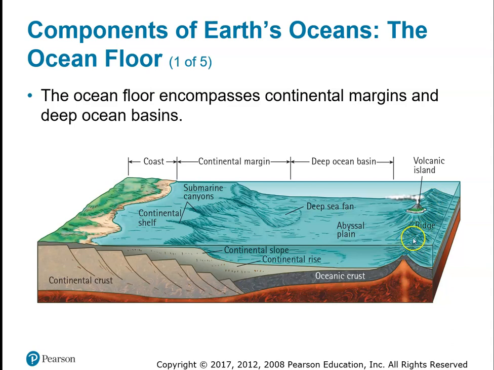For example, the ones in the Pacific are sometimes a lot closer to the continents than they are to the middle of the ocean. The one in the middle of the Atlantic, of course, is pretty close to the middle, of what would be considered the middle of the Atlantic.